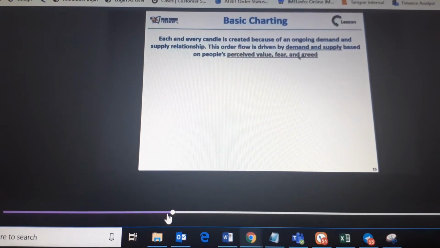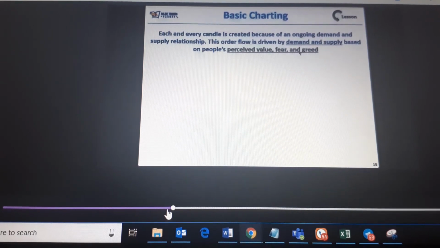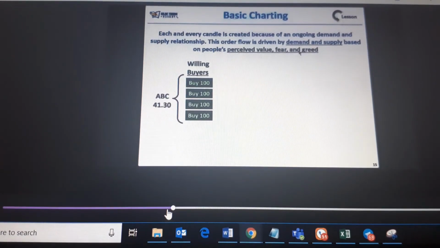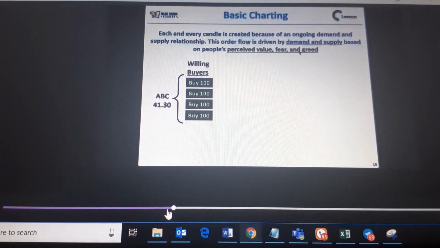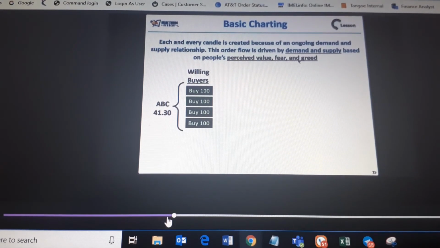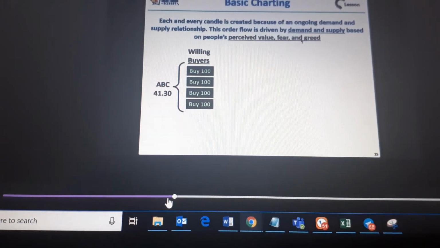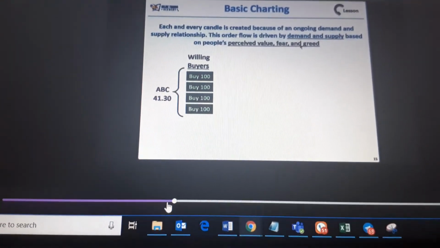Yes, Madhav, hold on, I'm going to explain that in the next session. Just understand how a candlestick is formed. Here is an example of ABC stock. There are four willing buyers who want to buy 100 stocks each of ABC at the price 41.30.